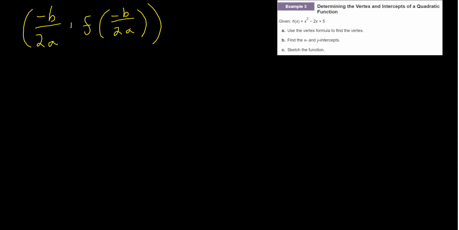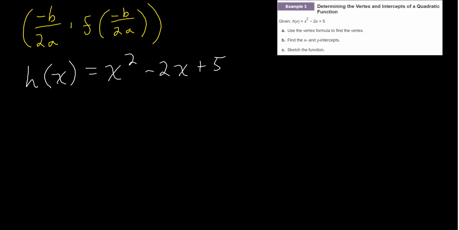Alrighty, so use the vertex formula. Looking at our equation, let's go ahead and write our equation out so we can really understand what the negative b and all that stuff means. Of course you probably already know, but I just want to be super thorough.